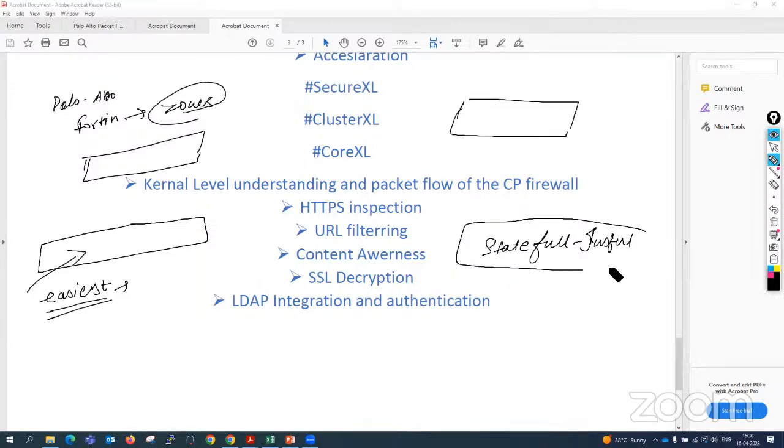Stateful inspection was developed by Checkpoint. Today everybody, Palo Alto, Fortinet, uses this technology. CoreXL and ClusterXL are patented technologies by Checkpoint. It's not a small company. They have the biggest R&D center in the market, so it's a very good technology to learn.